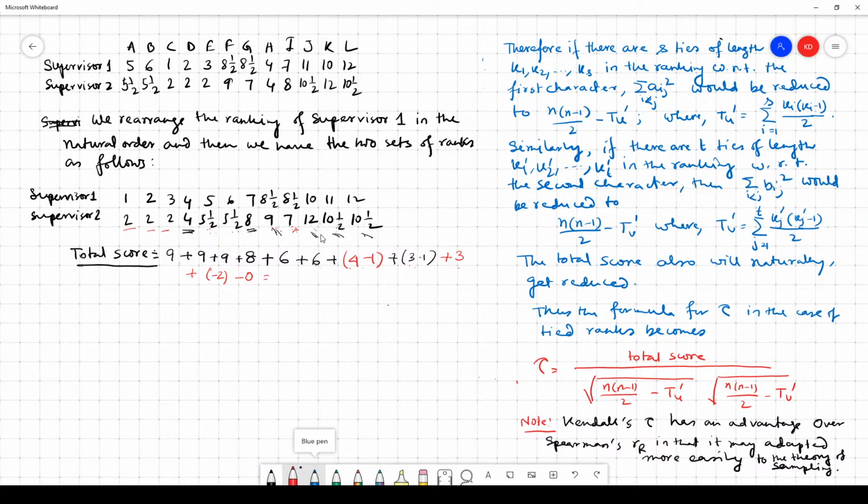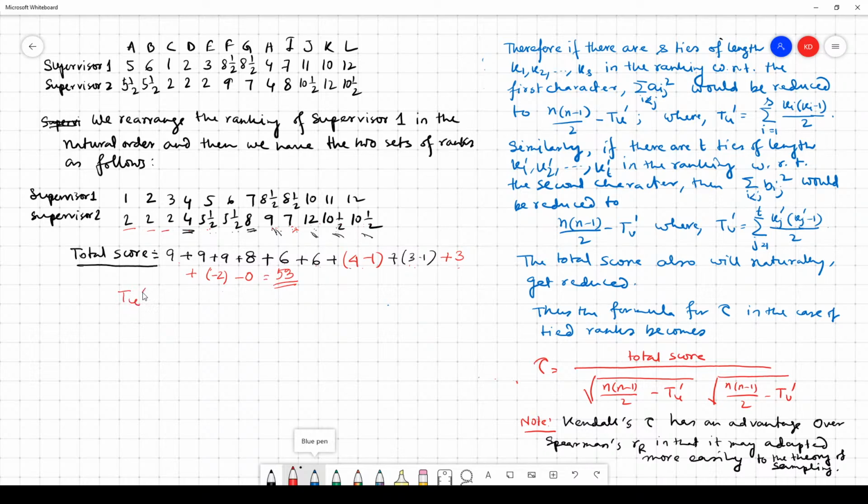Okay, please tell me, is it 53 or not? Please tell me. According to my calculation, I got 53 total score.